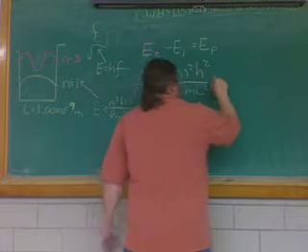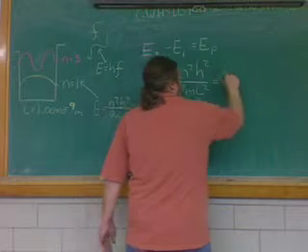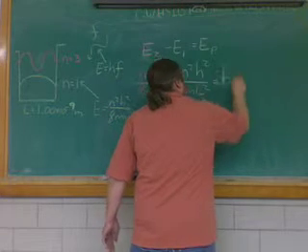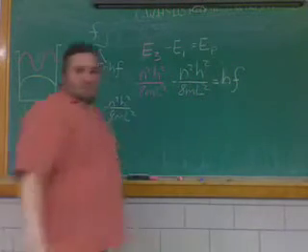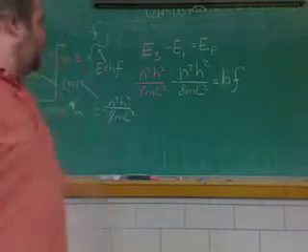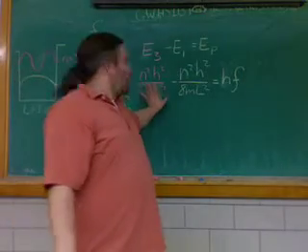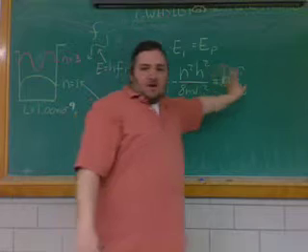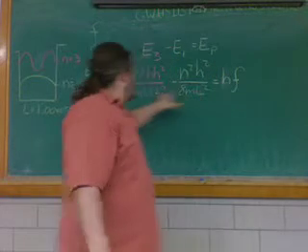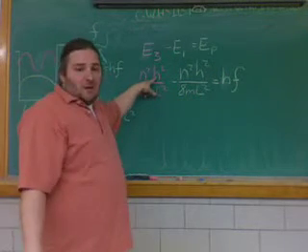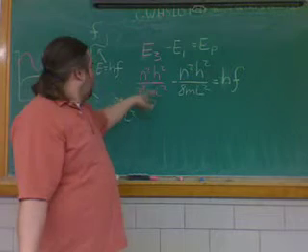Energy level 3 minus energy level 1 equals the energy of the photon. Now, h, the Planck constant, 8, the mass of the electron, the length, all those things are constant for this equation. So I'm going to combine all of those together, and I'm going to end up with this.